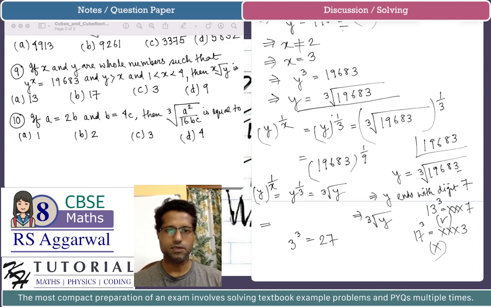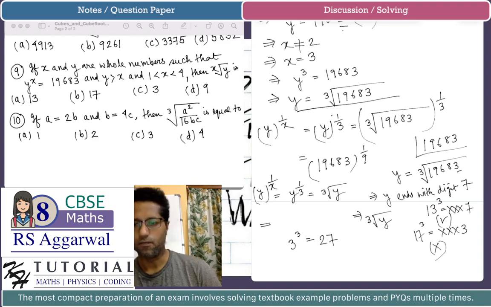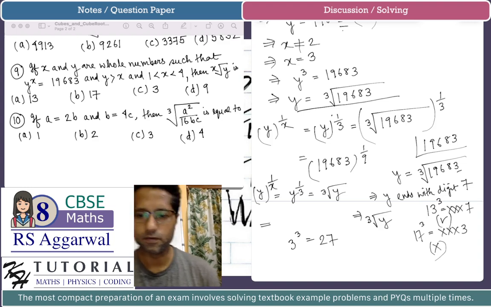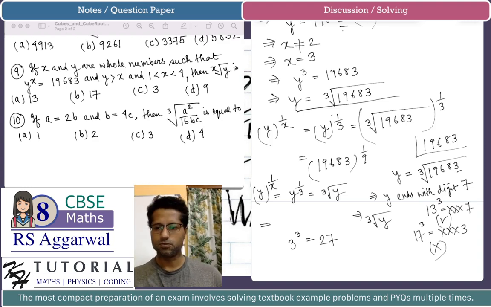If C, that is 3, is the correct choice, then it will mean that the cube root of y is equal to 3, which means y is equal to 27. Y is equal to 27, which means that the cube root of 19683 is 27. So this can also be a possible choice, but we have to see.